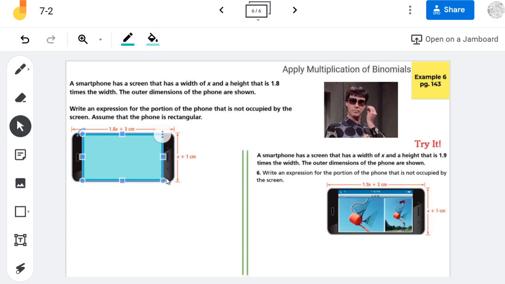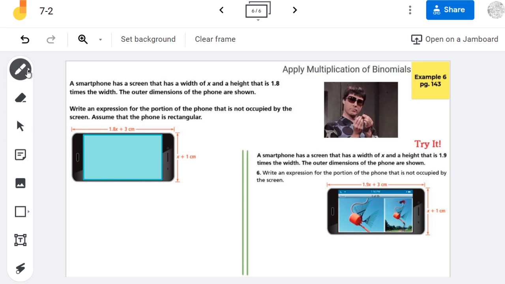So here's what they're essentially asking us to do. They are asking us to find the area of the black. They want me to take the total area of the cell phone and subtract the screen from it. All right, that's all that I'm doing. So I'm going to say that area, not screen.